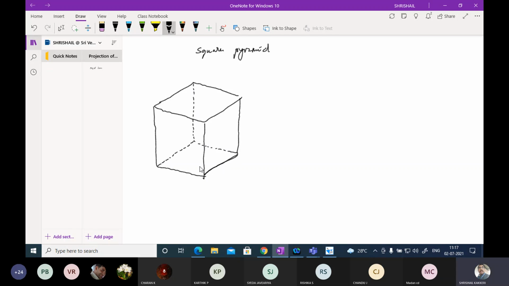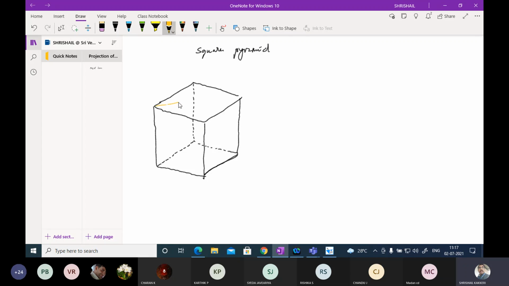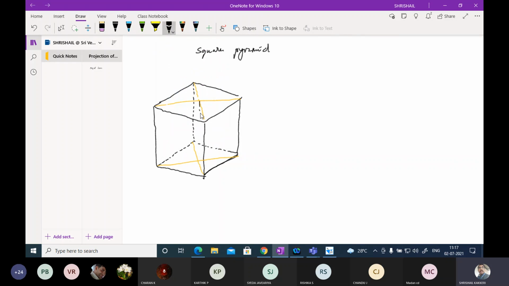It is a square prism, not a pyramid. Now let me use a thin line and find the axis point. The axis point will be coming here and also here. Now let me draw the axis line from here. Now naming it, how easy it is, I'll show you how to name it.